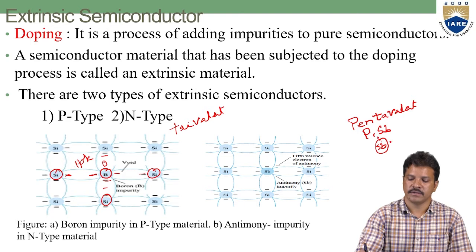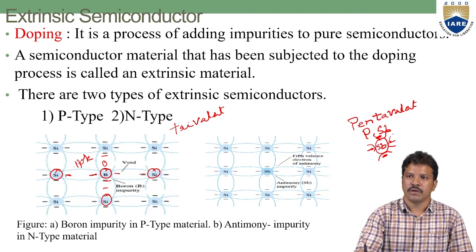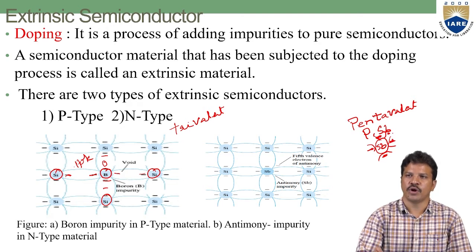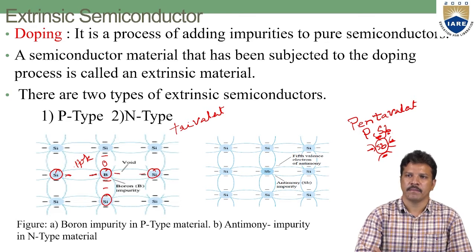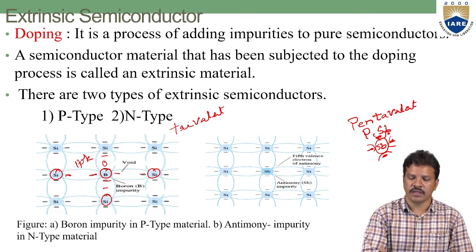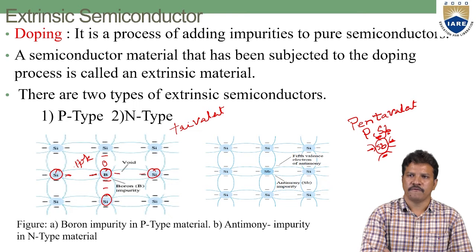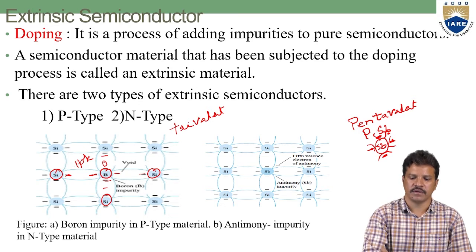It has 5 valence electrons. Among these 5 valence electrons, 4 valence electrons are covalently bonded with the neighboring silicon atoms, as shown in the figure.